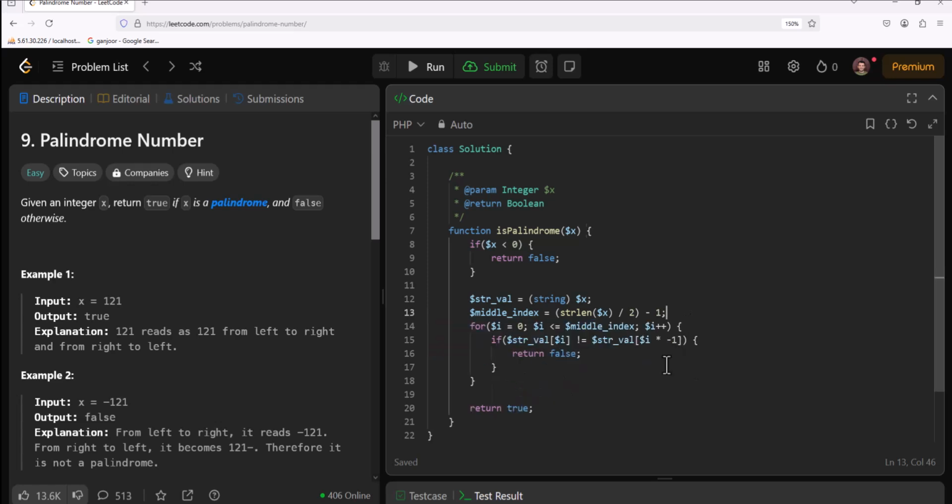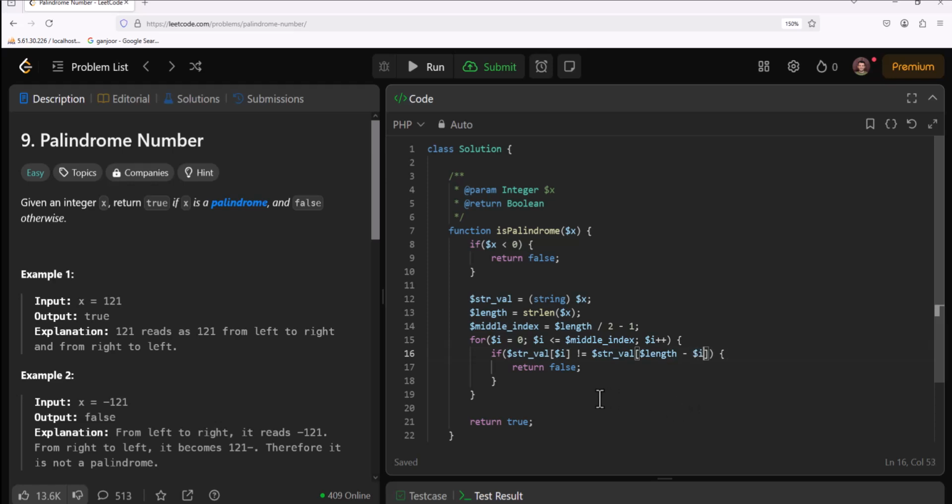I will change this. I will say len str, length is this, and we say length would be this, and this minus, or subtract around minus i.